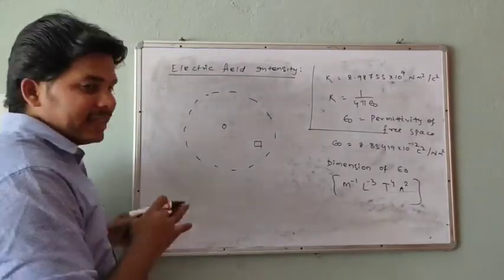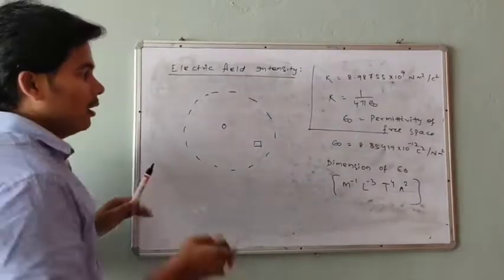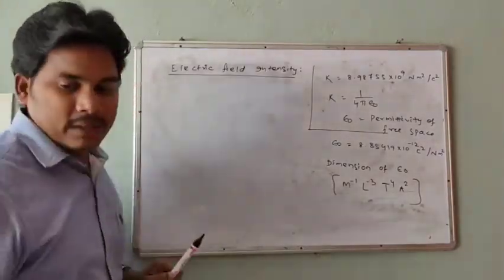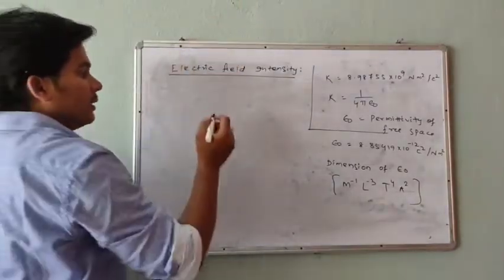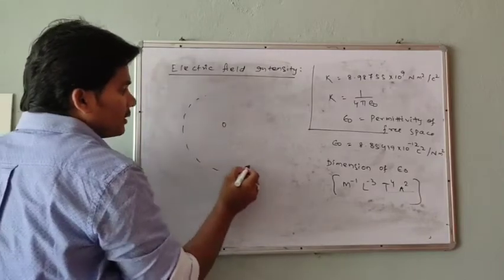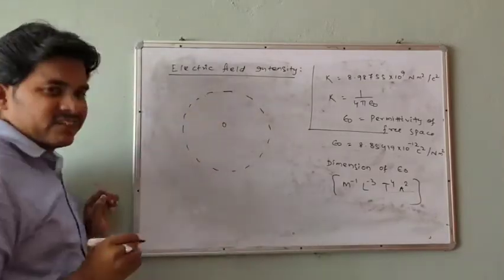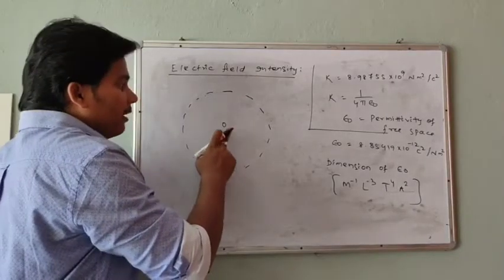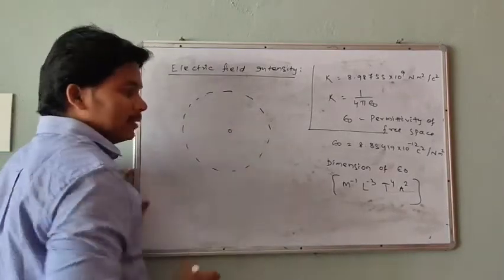Similarly, take the example of a charged body. In the space around a charge, there will be some electric field, and this field is associated with this charge.